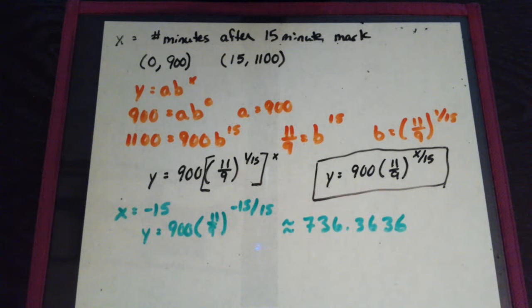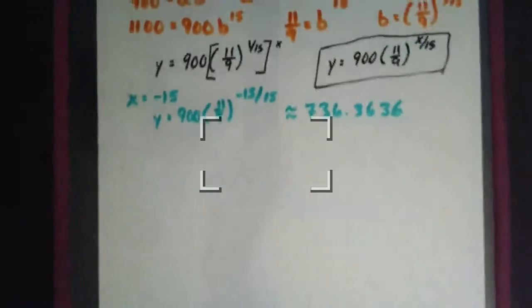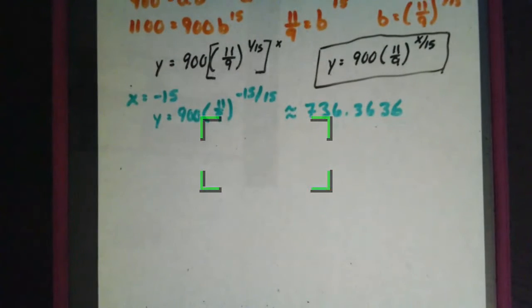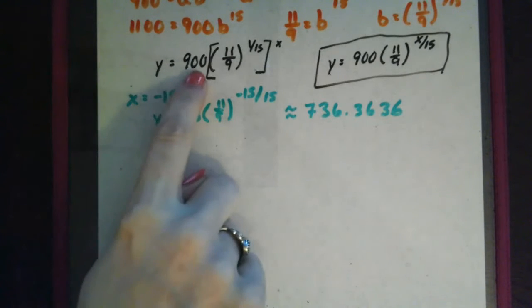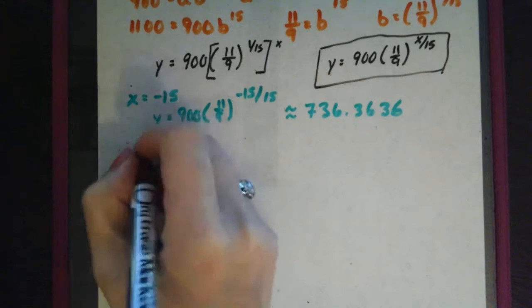For the second question, we want to find the doubling period. Now, the thing about doubling periods is it doesn't matter where you start, you just want to double what you have. So right now, I'm quote unquote starting with 900. So I want to figure out how long it takes to get to double that, or 1800.